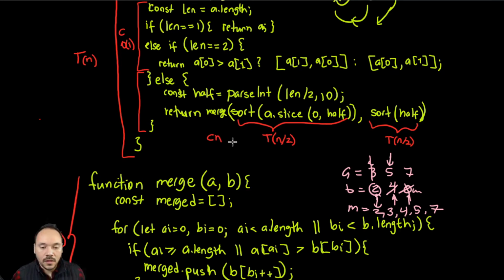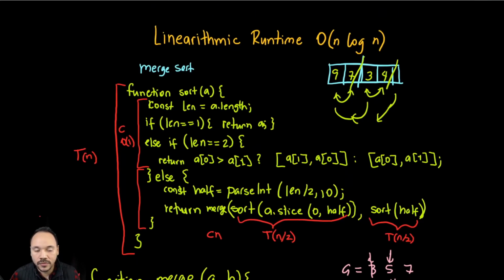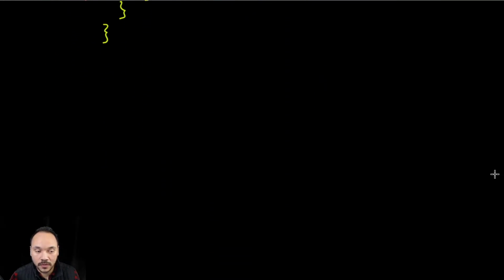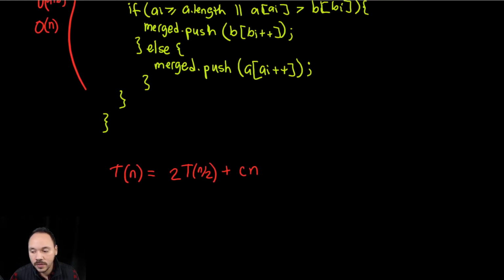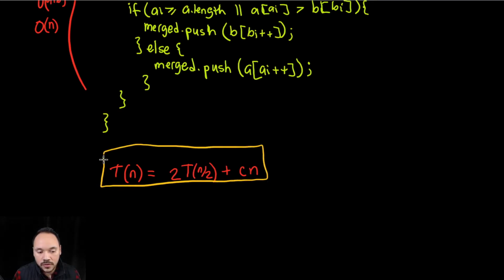If we take that expression, we will have that the merge sort and combine, the time as a function of n, will be 2 times T(n/2), the two times that we divided the array in half, plus the time it took to merge it. So that's the time complexity of the merge sort.